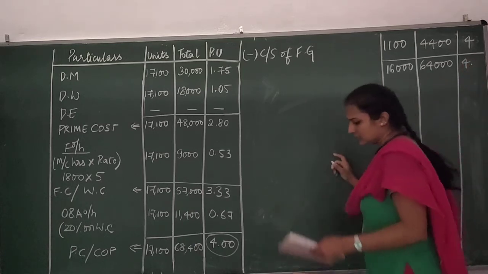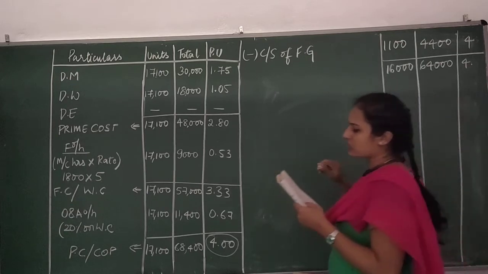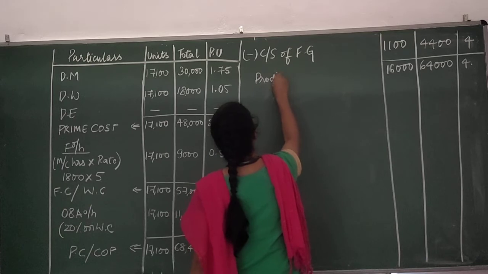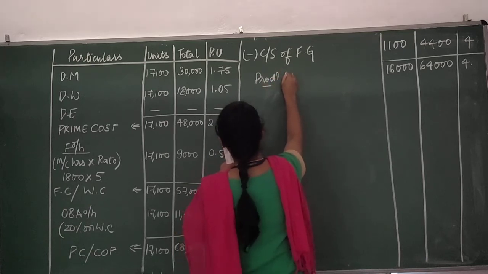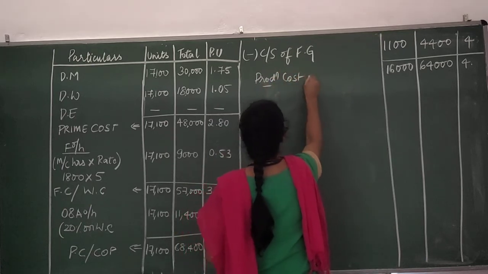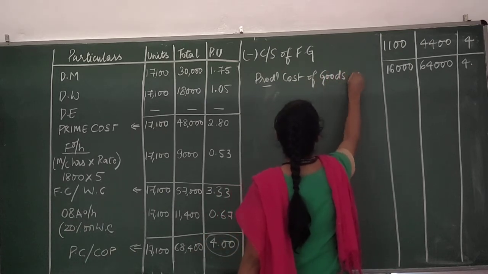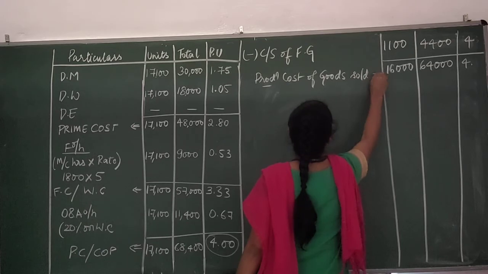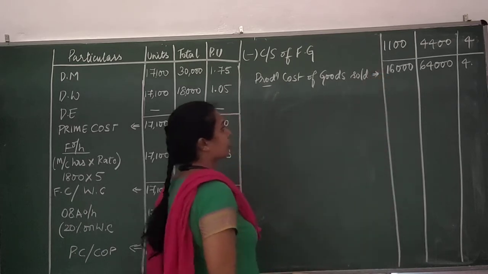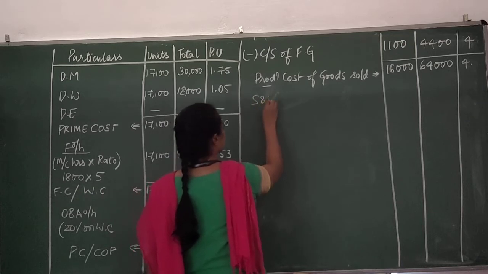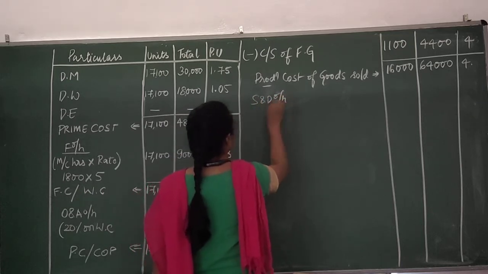So what is this called as? This is called as production cost of goods sold.